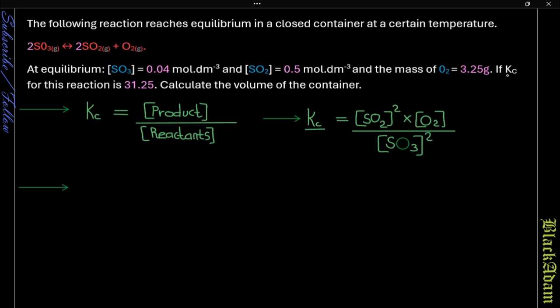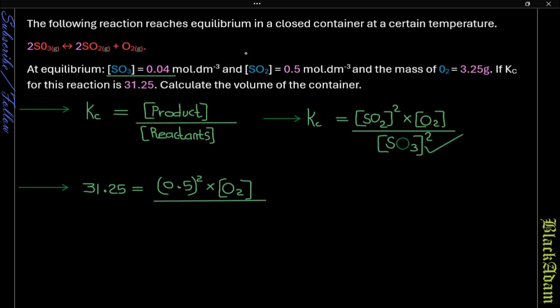And then right now, the Kc value, we substitute the value. It's 31.25. Kc has no units, 31.25 is a ratio. And then the concentration of sulfur dioxide, that's 0.5 to the power 2. So 0.5 to the power 2 multiplied by the concentration of oxygen, all over the concentration of sulfate.